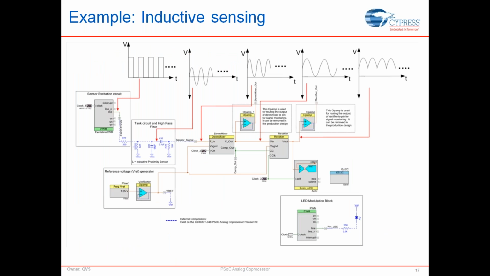So I have a whole picture of the project here. The PWM's output is a square wave. If you were to measure the output of the tank circuit, you're going to see a sine wave of the frequency 7.9175 megahertz. The high-pass filter puts the same signal at a biased level at the VREF so that my down mixer can see the whole signal, because the down mixer is going to look at only from 0 to whatever VDD is.